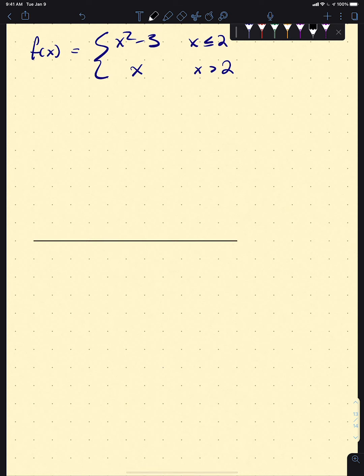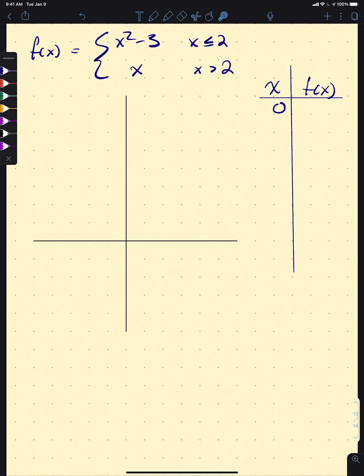So I'll throw down my axes. Let's say they look something like that. And we need a column for x and a column for f of x. Well, as always, let's start with 0. At 0, we're in this part of the domain.